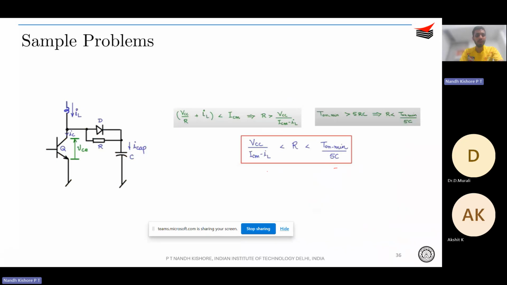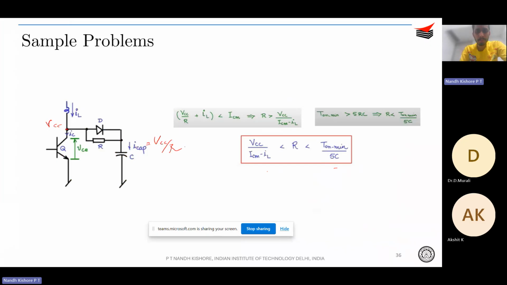Okay, so you have two paths over here, right? So since VCC is going to appear over here, the current through this path, I capacitor, is equal to what? VCC over R. Okay, right?